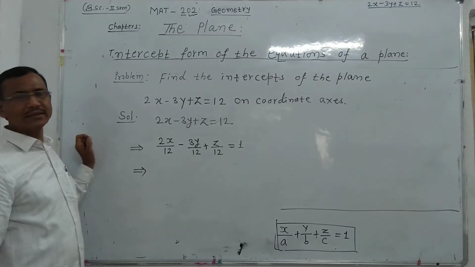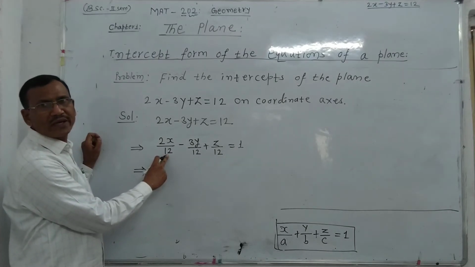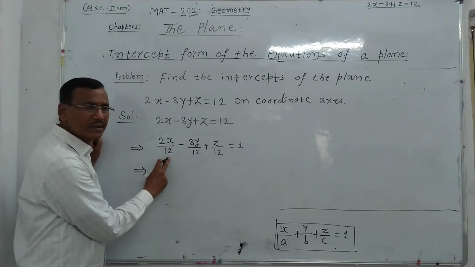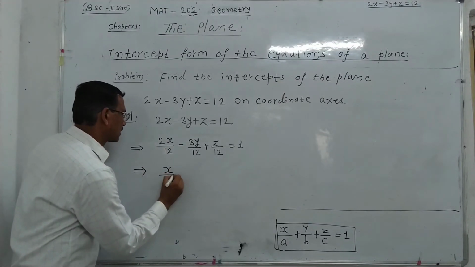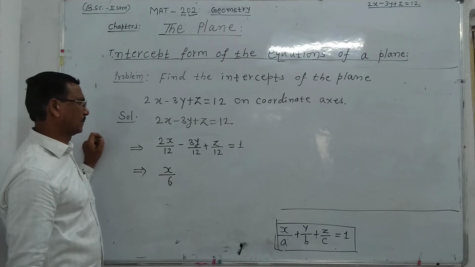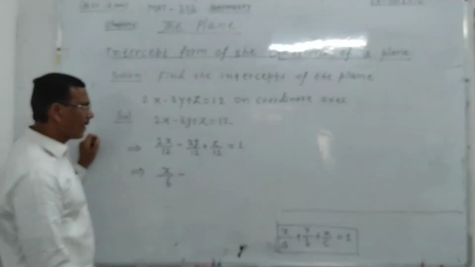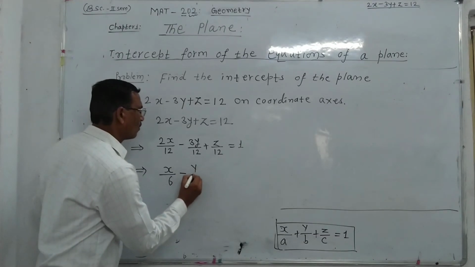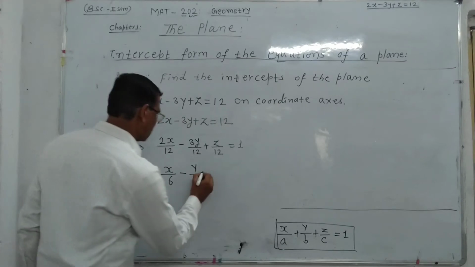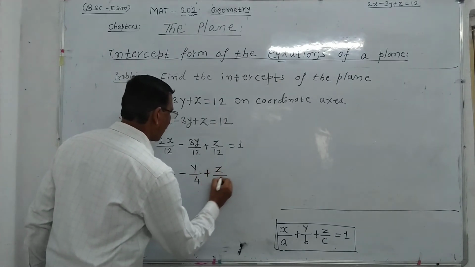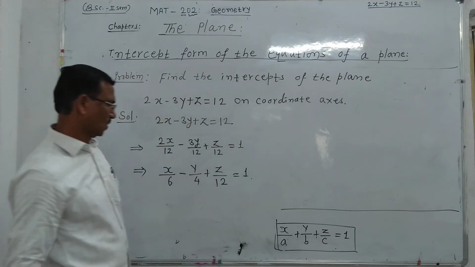Further it can be written as 2 upon 12 is 1 upon 6, and therefore it can be written as x upon 6, minus 3 upon 12 is 1 by 4, that means it is minus y by 4, and plus z by 12 is equal to 1.